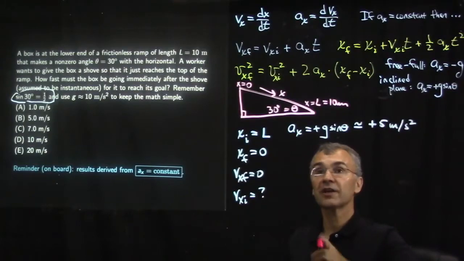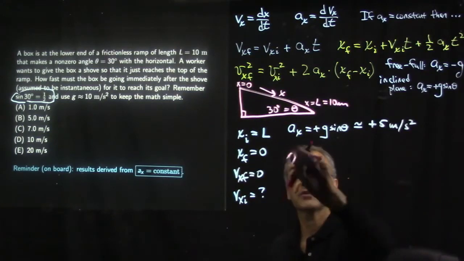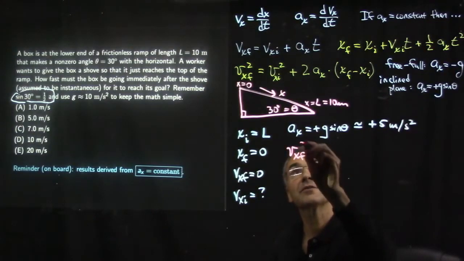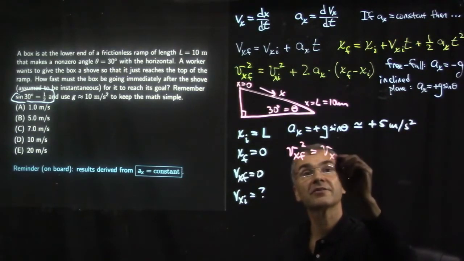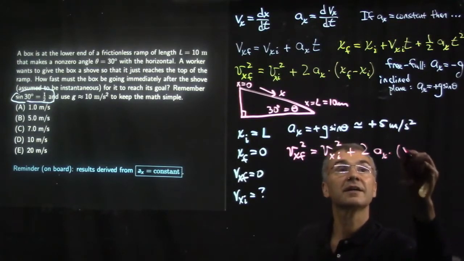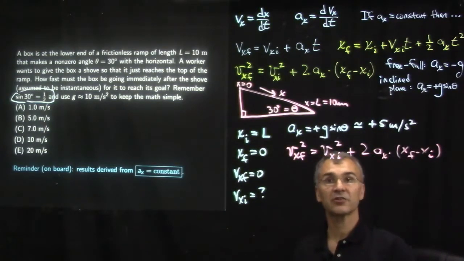So Vx final squared is 0. Here, let me just copy down the equation so we know what we're plugging into. Vx final squared equals Vx initial squared plus 2ax times x final minus x initial. Okay, now let's substitute.